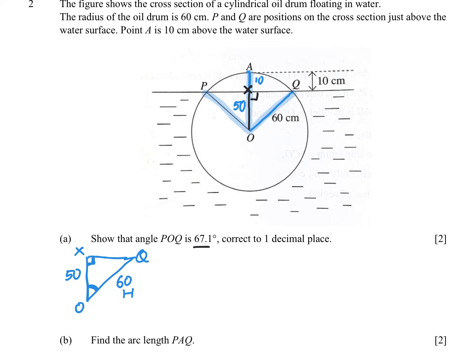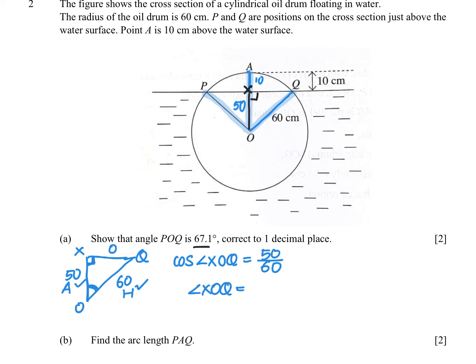This is the angle that I want to find. This is the opposite, and this will be the adjacent. So I have A and H, so cosine. Cosine of the angle XOQ is adjacent over hypotenuse, CAH, 50 over 60. So the angle XOQ will be cosine inverse of 50 over 60.